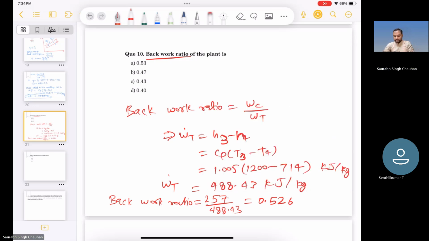Okay. So do you want more back work ratio or less back work ratio? Less back work ratio, because you don't want more work to be consumed by the compressor. But anyway, in this question, the correct answer is 0.527 or 0.53. And if we say work ratio, it is net work divided by turbine work output, and we want more work ratio, but if it is back work ratio, then we want less.